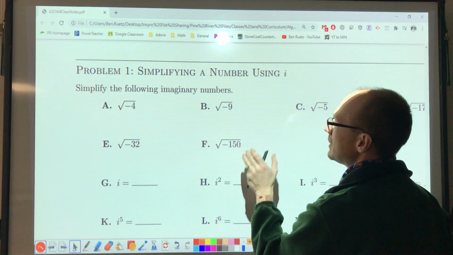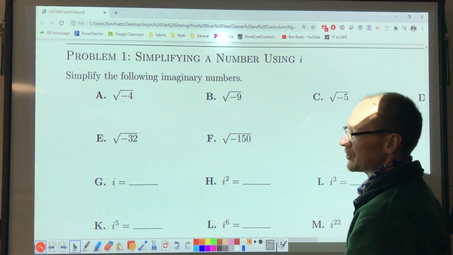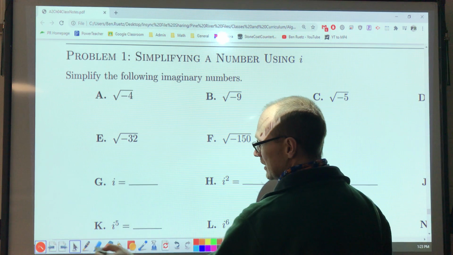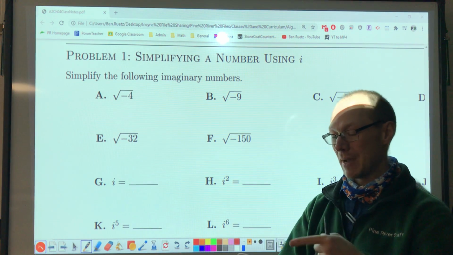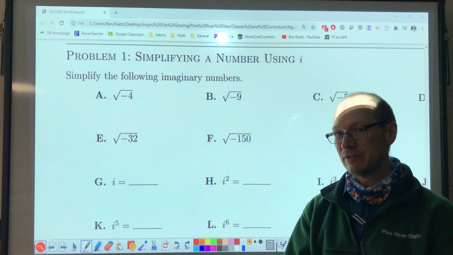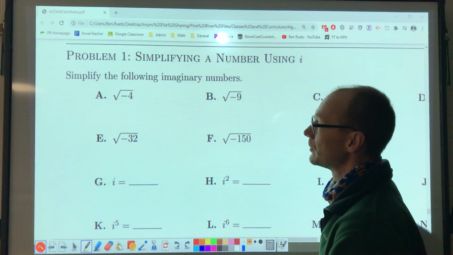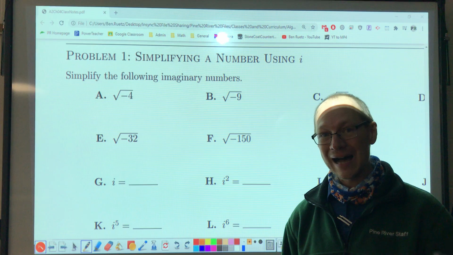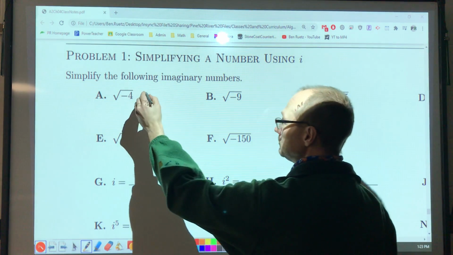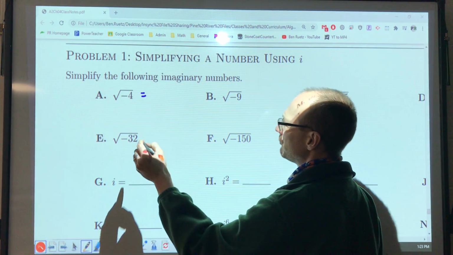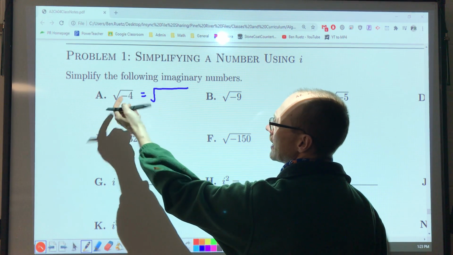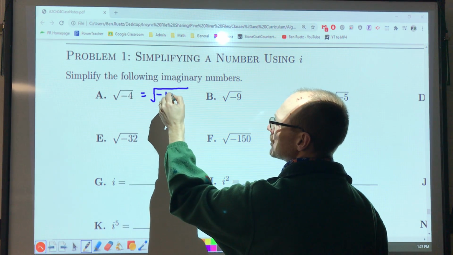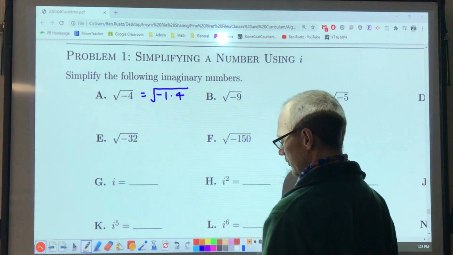Let's see how we can simplify the square root of -4, which seems an impossibility, right? There is no number that you can multiply by itself to give you a -4, and it turns out that there is. 2i becomes that. Well, let me show you how it simplifies out. The square root of -4 is the same as the square root of -1 times 4.